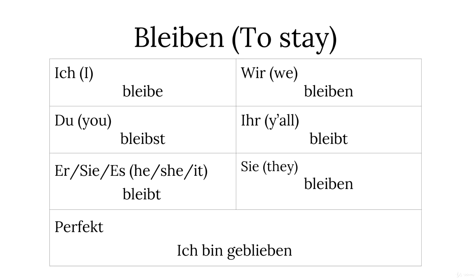Ich bleibe, du bleibst, es bleibt, wir bleiben, ihr bleibt, and sie bleiben. And in the Vergangenheit, you say, ich bin geblieben.